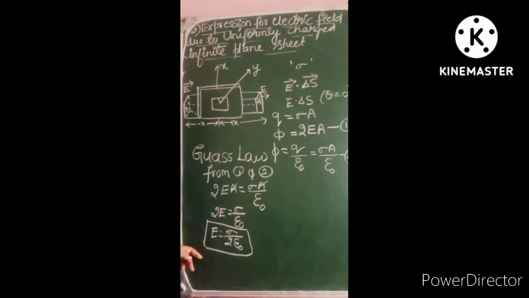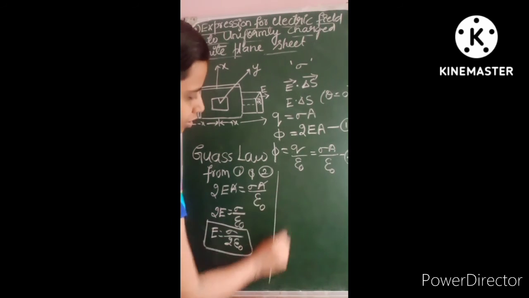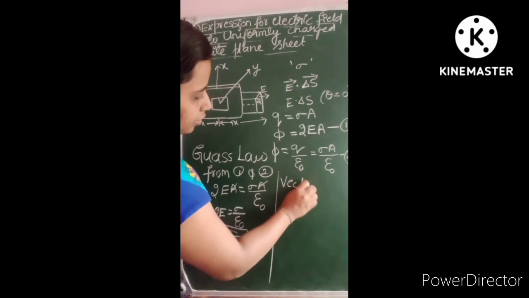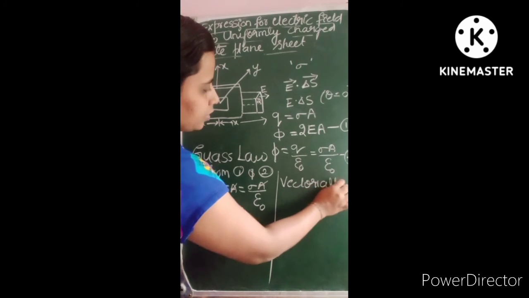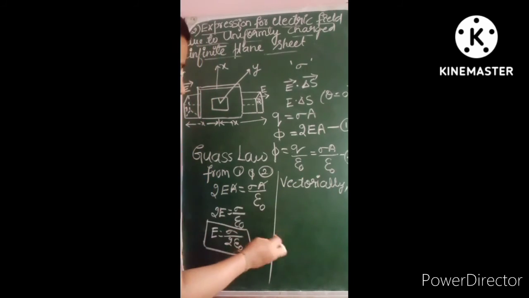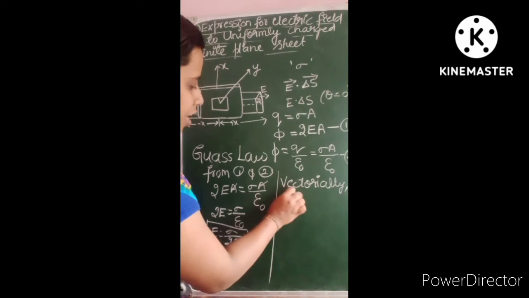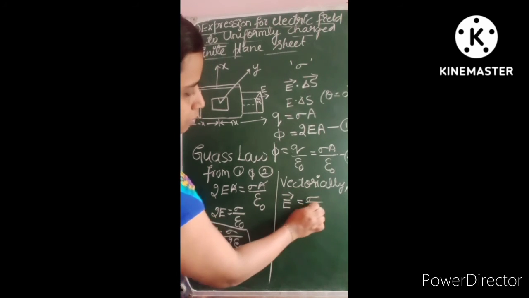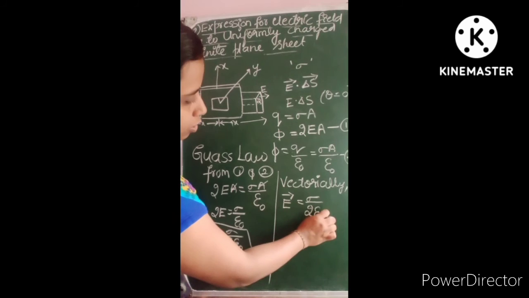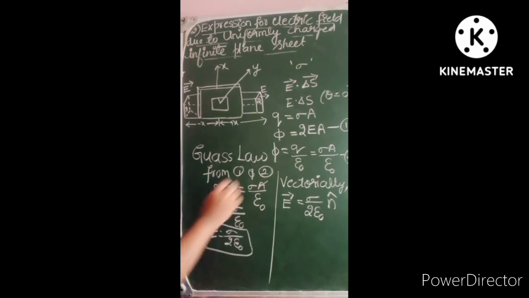This is the expression required here. Again we have to write the vectorial notation for this expression. Vectorially E bar is equal to sigma by 2 epsilon naught into n cap.